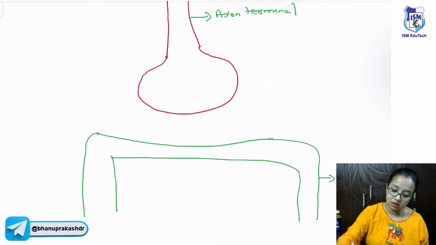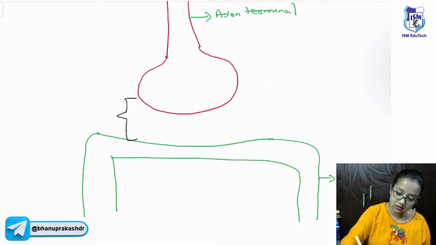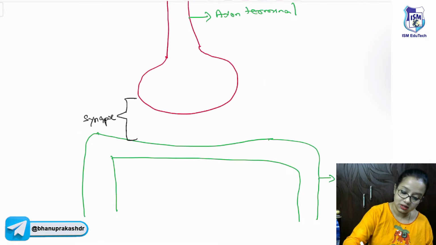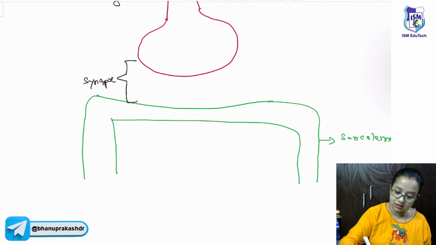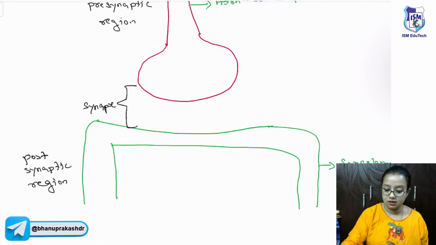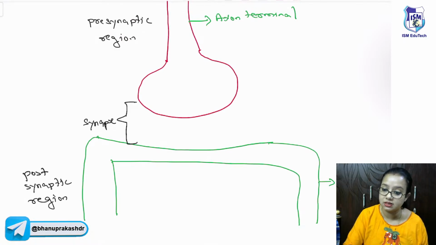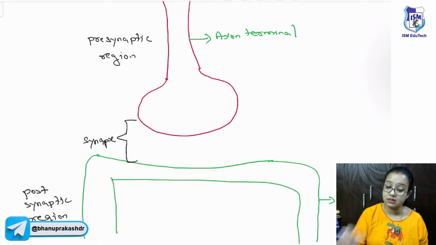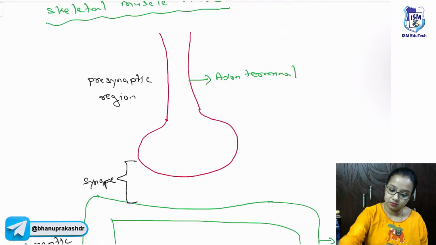Now, if this is the synapse, the area before the synapse is the presynaptic region, and the area after the synapse is the postsynaptic region. Now, in the presynaptic region, what is the event that is happening?